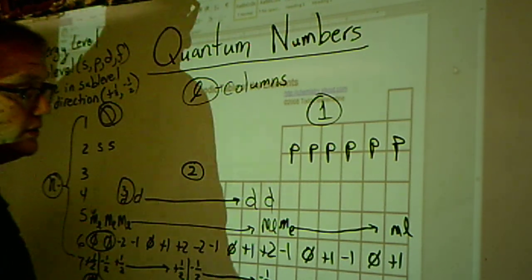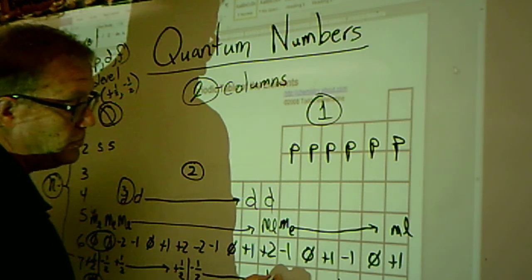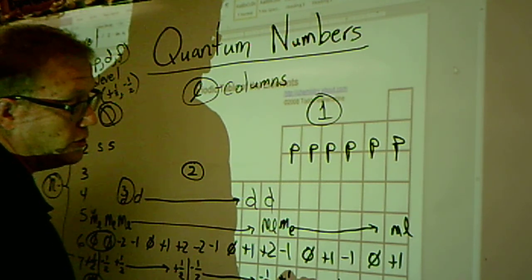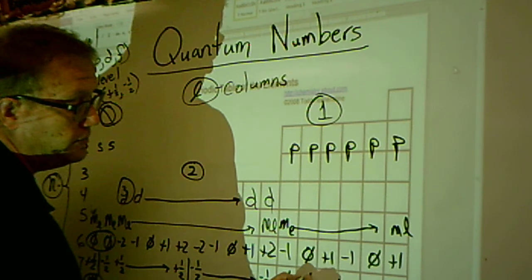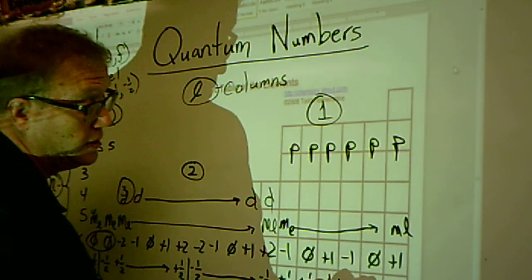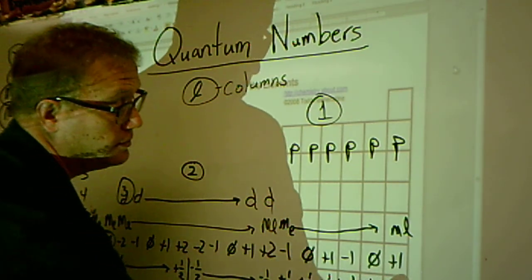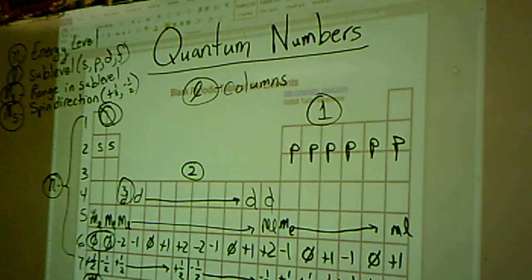I'd also split these, so it's going to be a positive 1/2 for half of them. You can remember it that way too. And then a negative 1/2 for half of them. Okay, those are all the ways you're going to do it as far as filling out the periodic table.